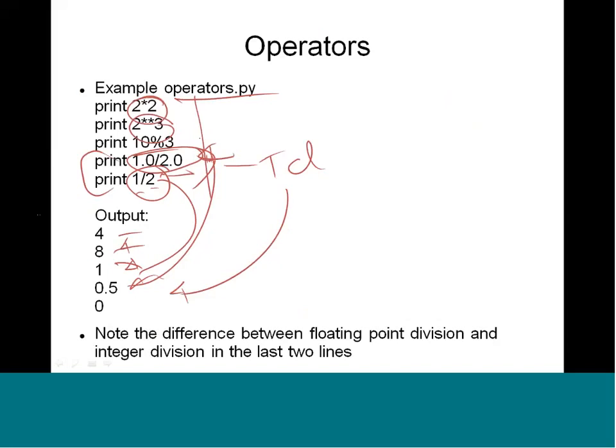You can go through it at your leisure. You can see how they get translated and what is the output for each of these expressions. The key difference is how we do the floating point division versus the normal division, and you want to make sure that your answer is correct.